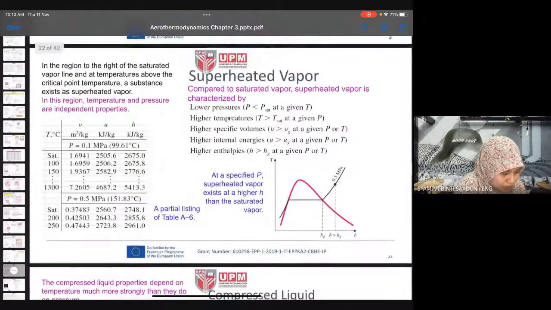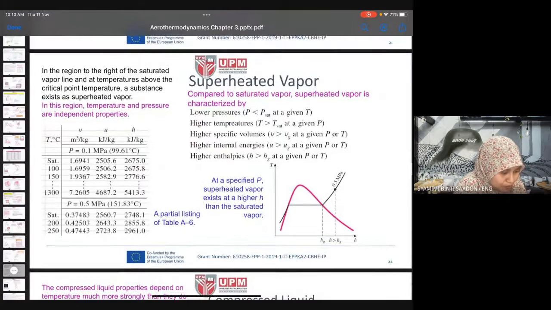Superheated vapor is also the same. Superheated vapor means after the saturated vapor. We also have tables for it.